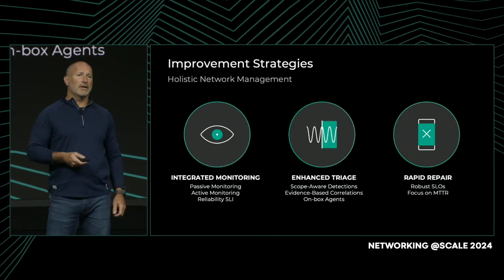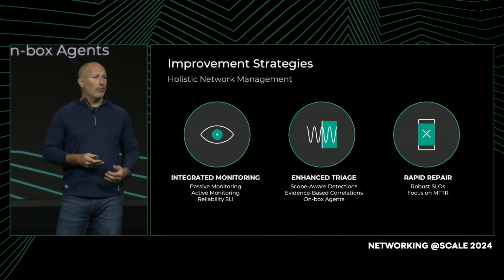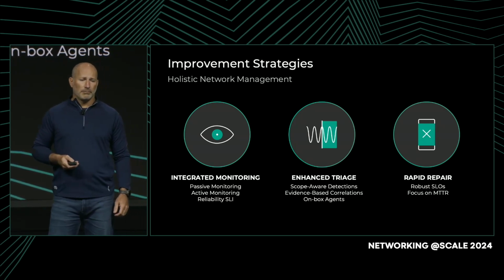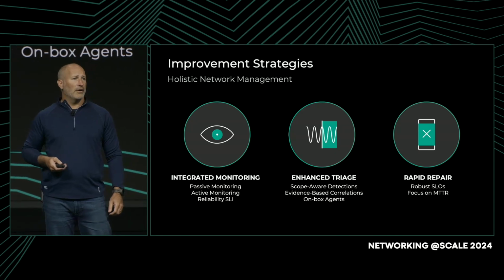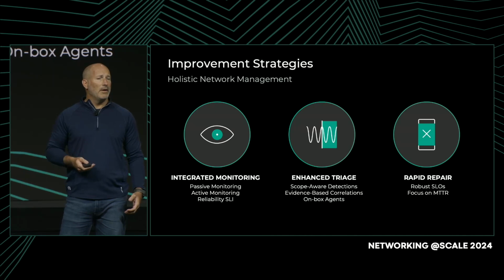The first is integrated monitoring. We combine both passive and active monitoring techniques with an overarching SLI framework to give us increased visibility to observability events and SLI impacts. The second is our enhanced triage. We refined our triage process to be both topology aware and event aware, so we can do correlations across both topology and event details.